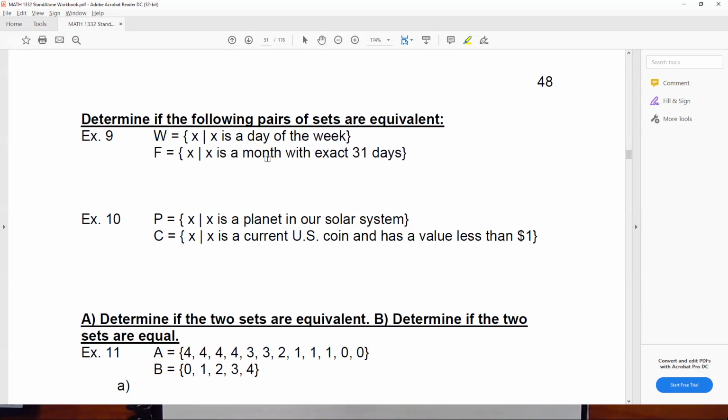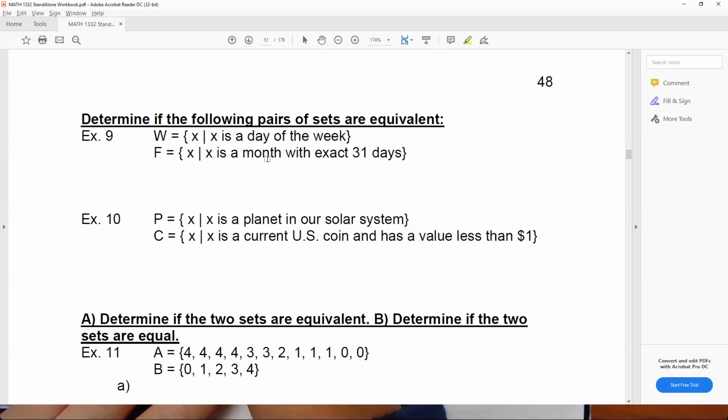How many months have 31 days? January, March, May, July, August, October, December. 7. So the number in W is equal to 7, the number in F is equal to 7. So yes, equivalent.